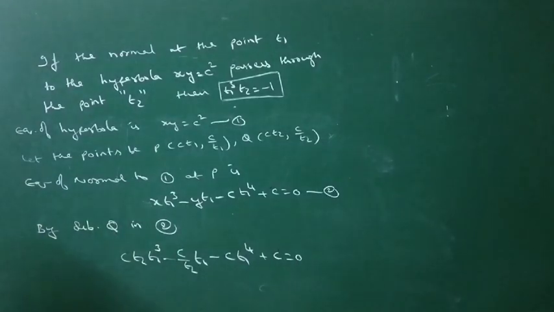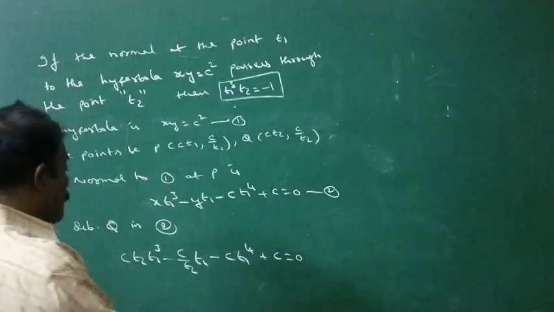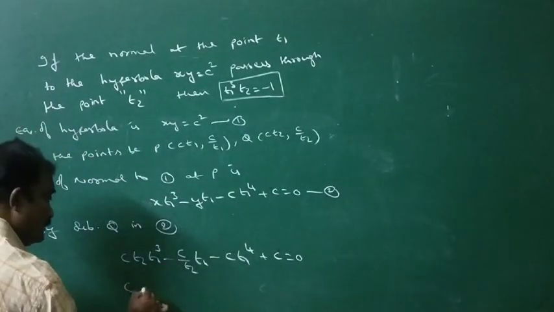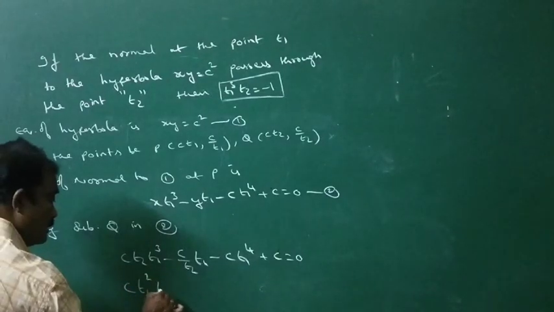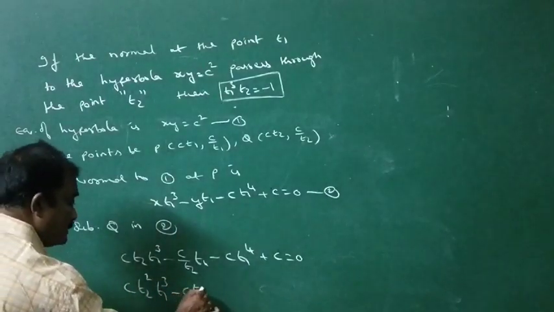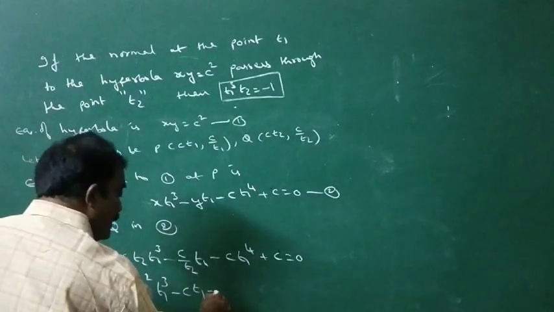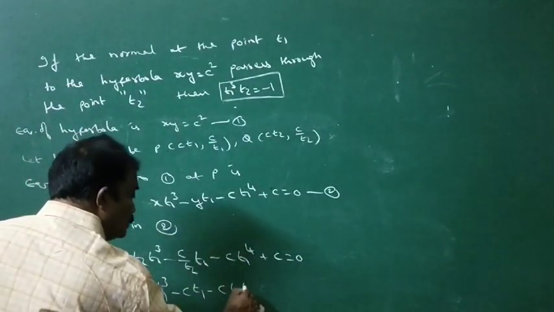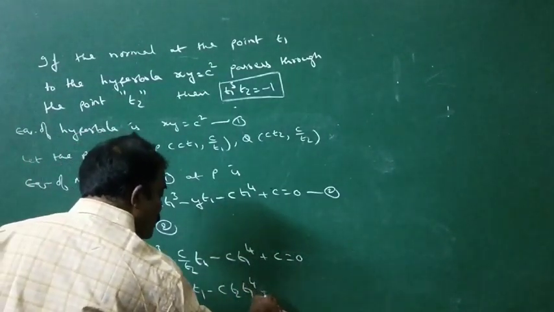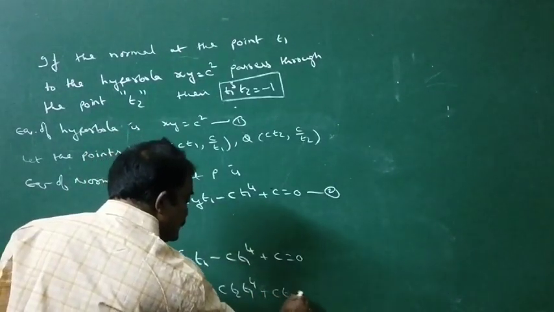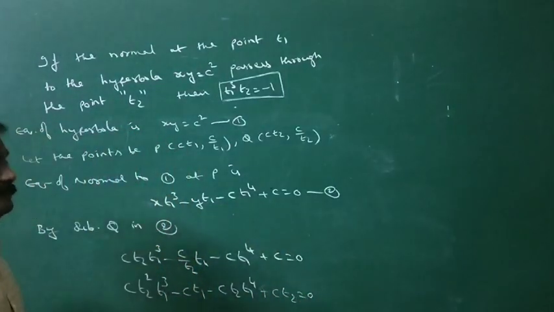By taking T2 as LCM, we are getting c T2 square T1 cube minus c T1 minus c T2 T1 to the power of 4 plus c T2 equal to 0.